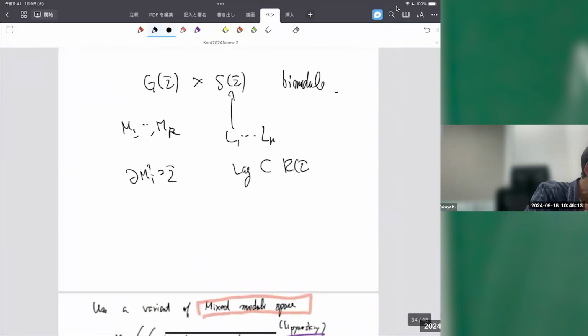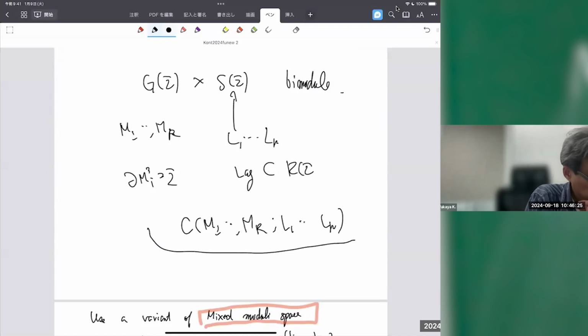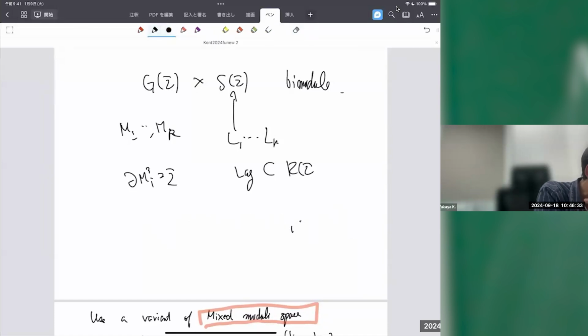Then what we want to construct is something like C of M, L. First, what we need is just C of M, L. This is a kind of abelian group.